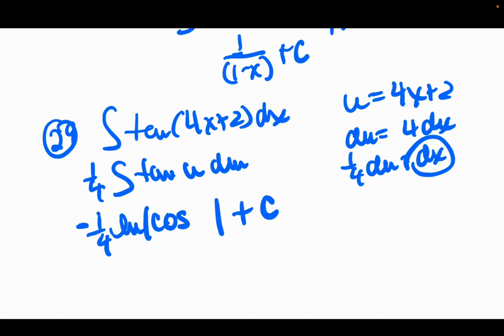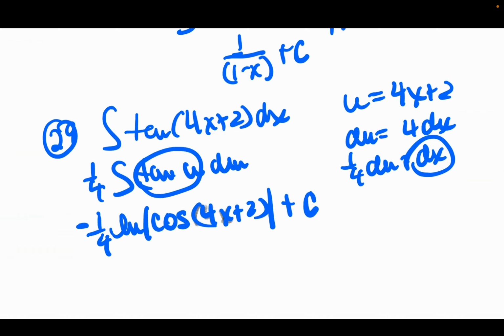I don't leave myself enough room. So the antiderivative of tangent, you need to make sure you're memorizing them as you're doing your homework. There was a 1/4 here already. You could have used negative ln cosine, or you could have just used ln secant.